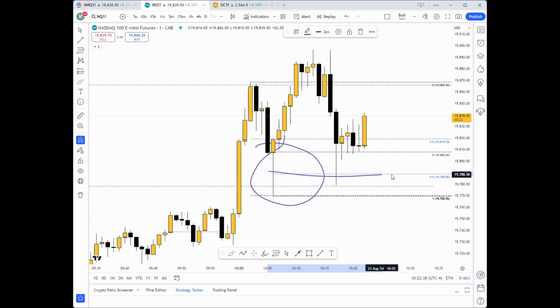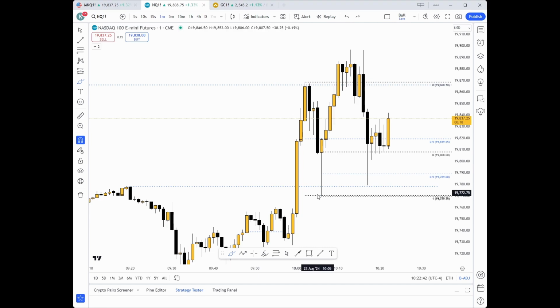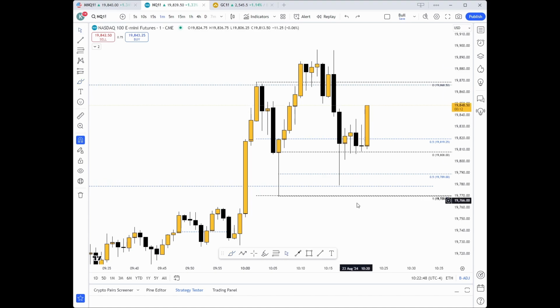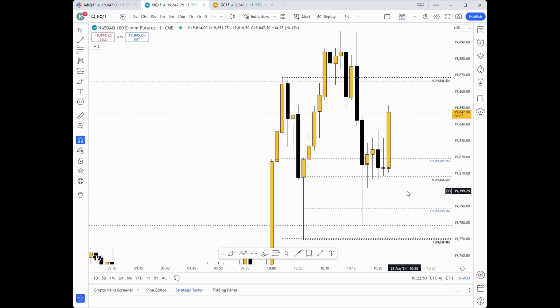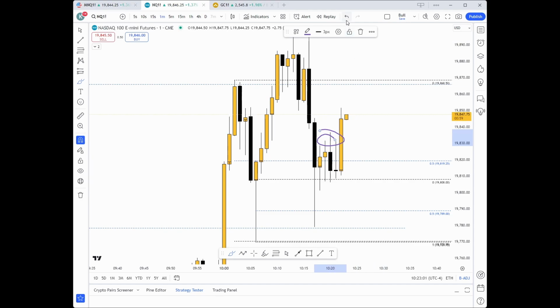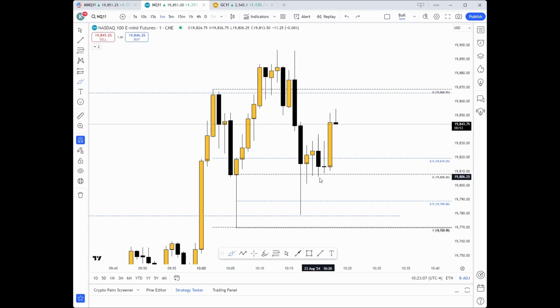So like ICT calls it consequent encroachment. I look at just how violent this move was. This was the origin of it. Right? So could you argue this is a valid short? Yes. Yeah, that was an ICT thing. That's CE.